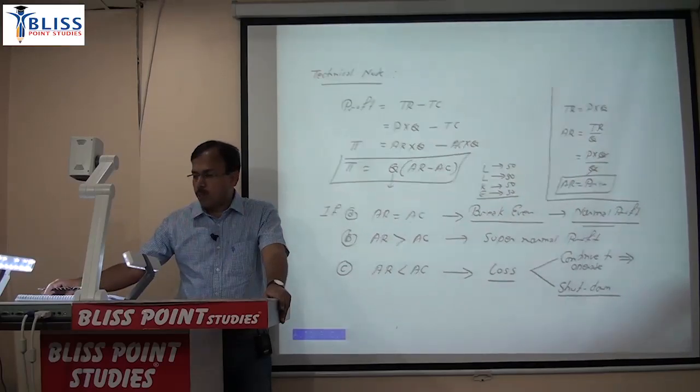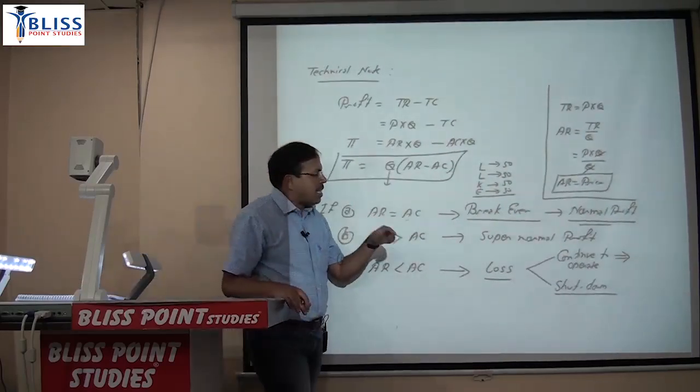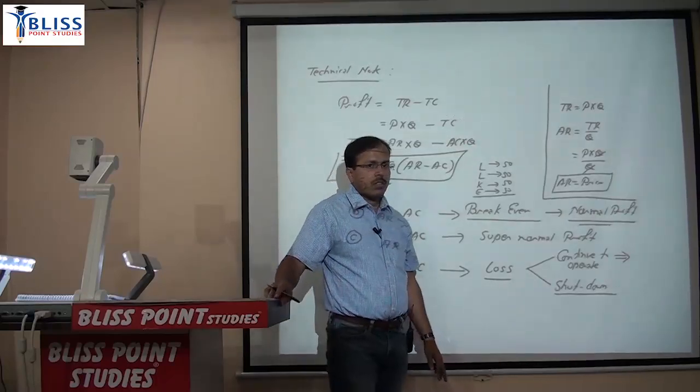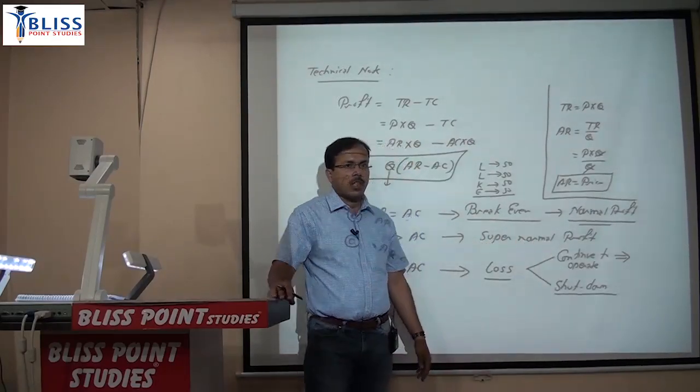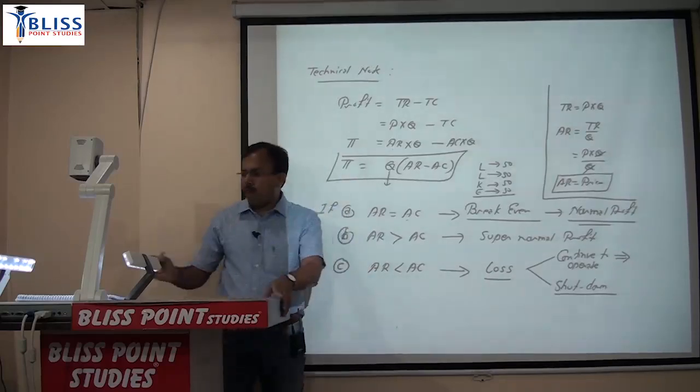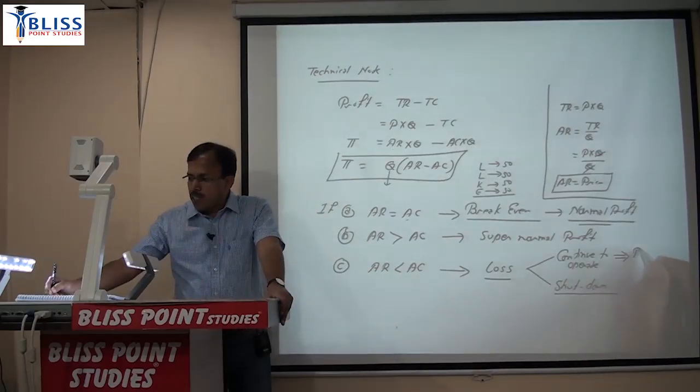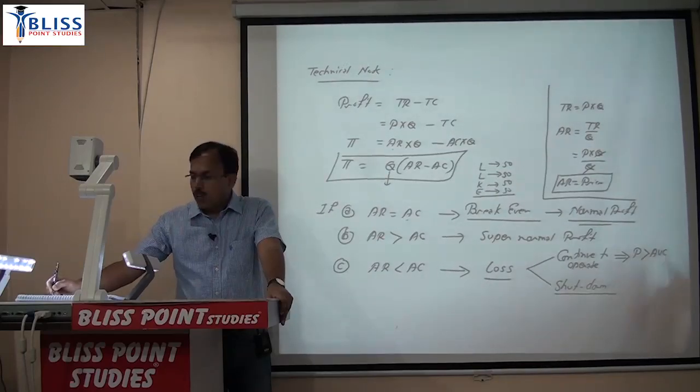The firm may shut down the production. That decision depends upon what? Whether to continue the business or shut down the business depends upon whether price is greater than average variable cost or whether price is less than average variable cost. I am explaining these two points now.